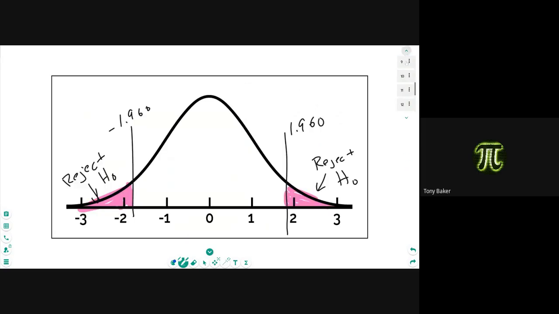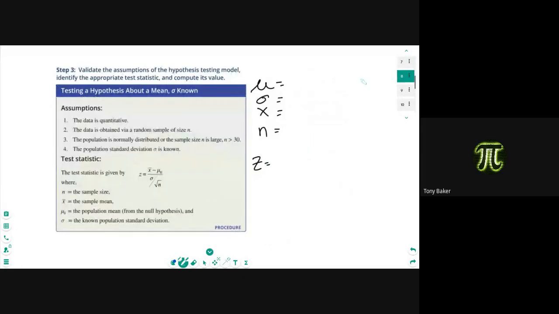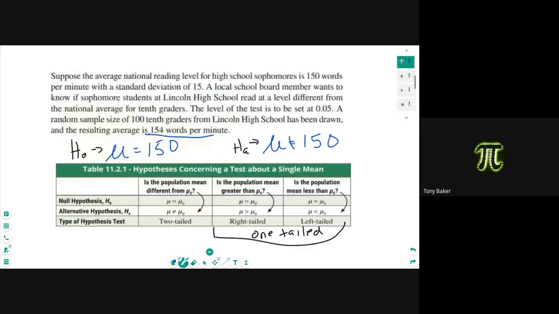So let me do it this way. Let's pull the information out of this problem so we can start to get some information about it. What is the mean in this problem? The 150.